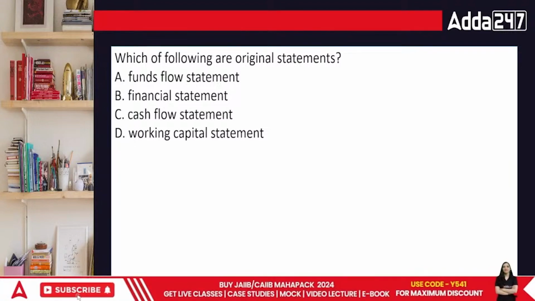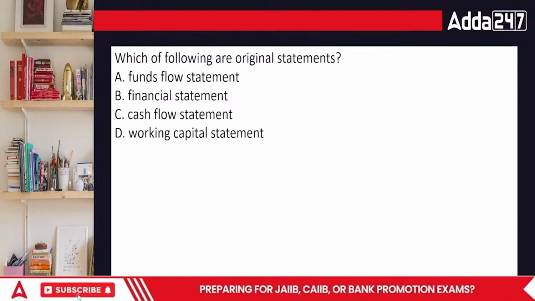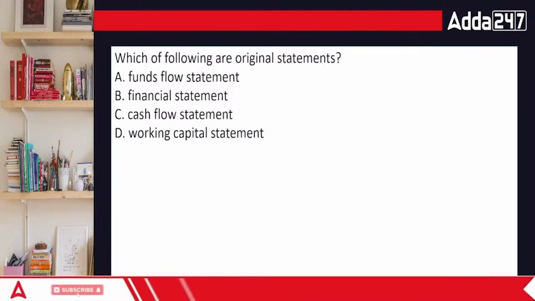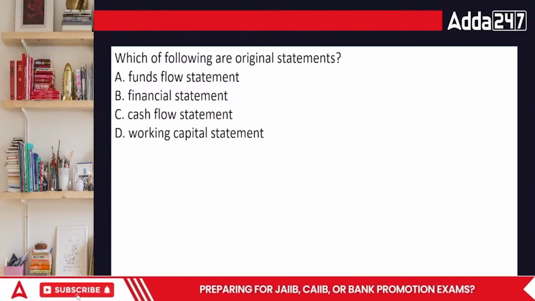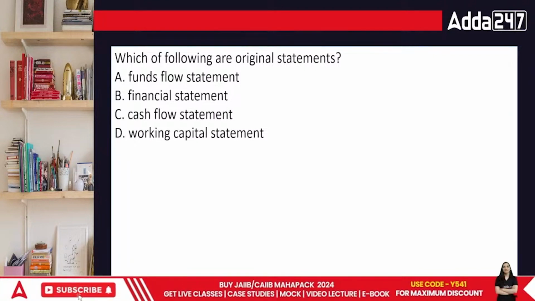There's a difference, right? Fund flow is created out of the balance sheet. Then financial statements are prepared from the journal, ledger, trial balance. So there is no specific big thing which is finalized already and on the basis of which the balance sheet is prepared. Cash flow statement is prepared again from the balance sheet which is finalized.